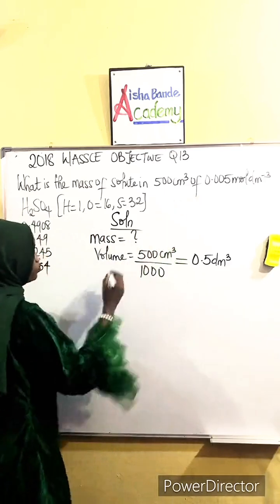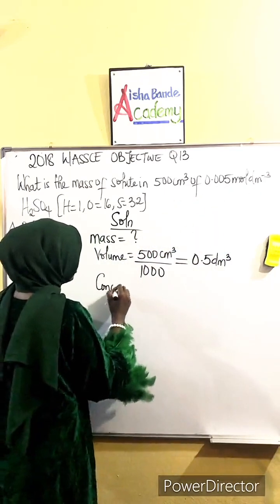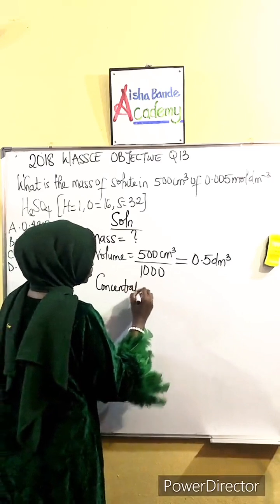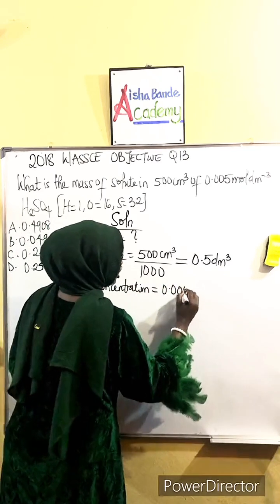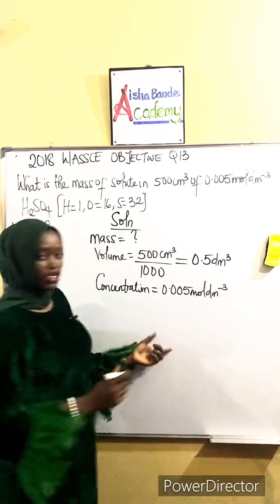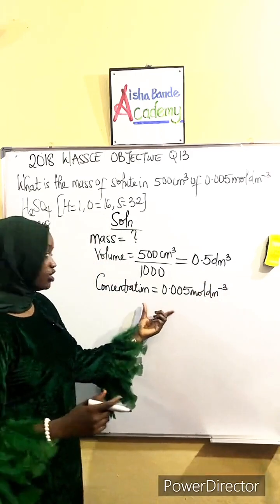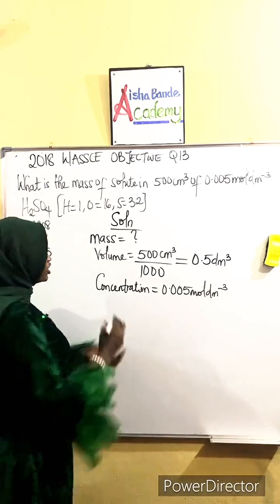And moving on, we have 0.05 mole per dm cube. So this is the value for the concentration of the compound that has been given, which is 0.05 mole per dm cube. Okay, so from here, what we need to do next is to find the mole, because we are not given mole in this question.